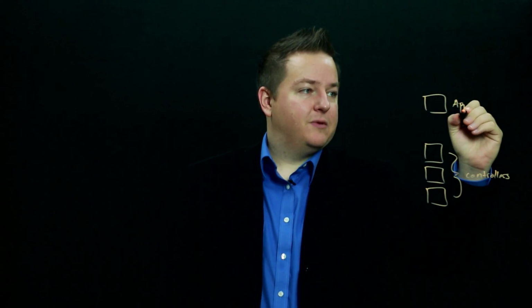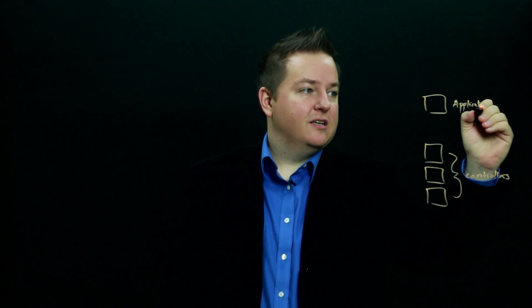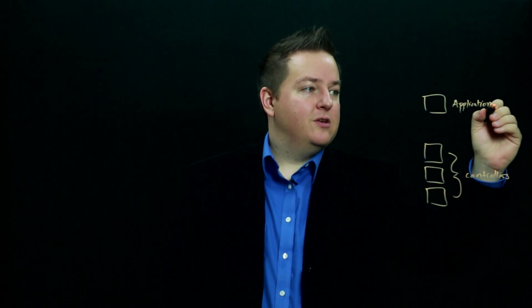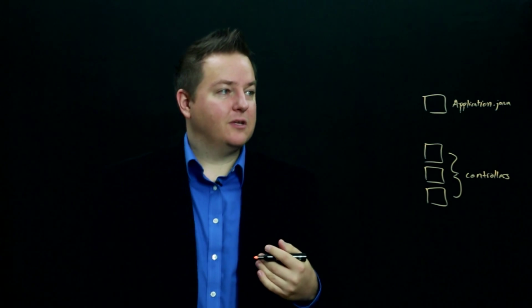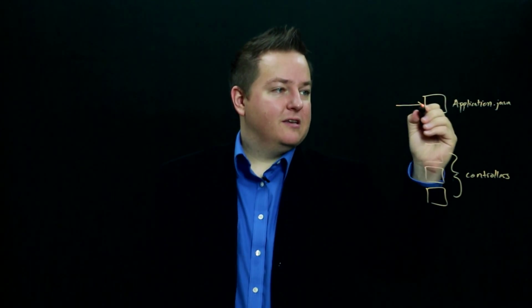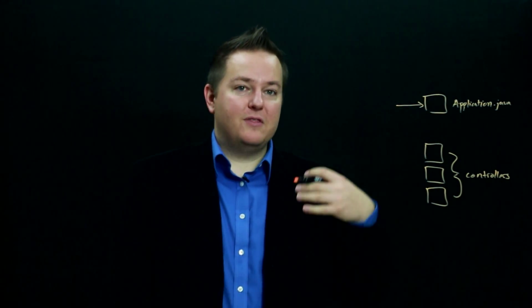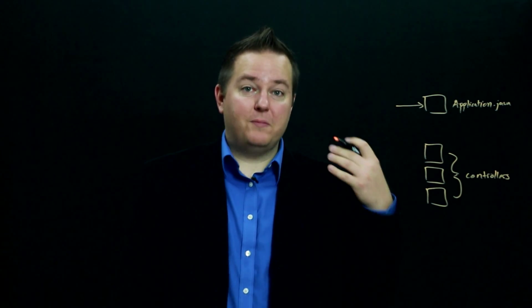And then the second piece is we create a class called application, typically. This is a naming convention that is often used, but you can call it something else if you want. You just have to annotate it properly. And this is where we define the configuration of our particular application.